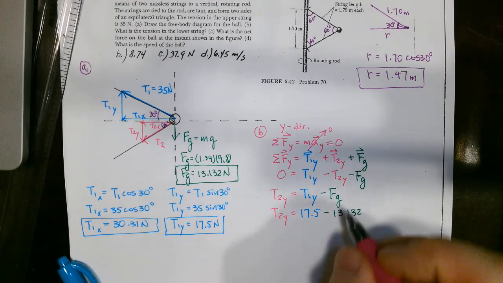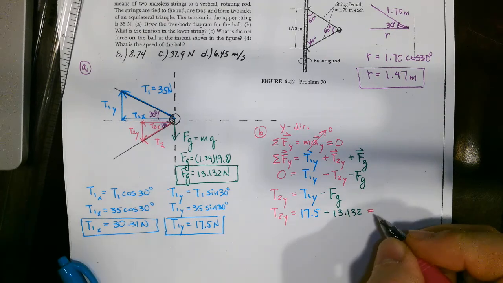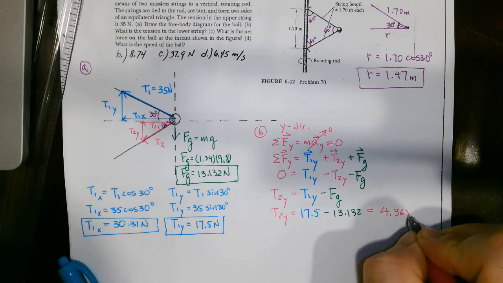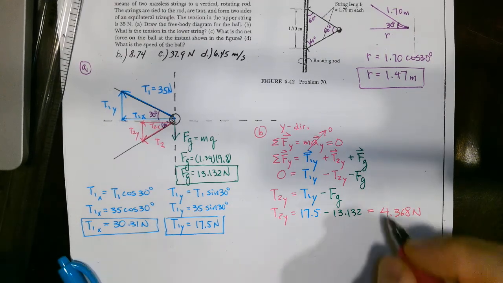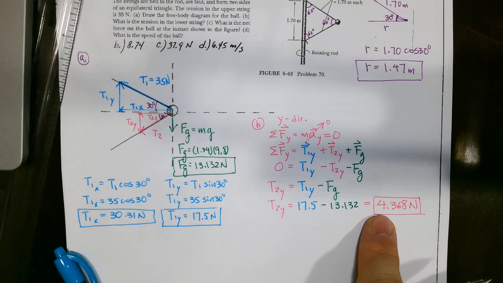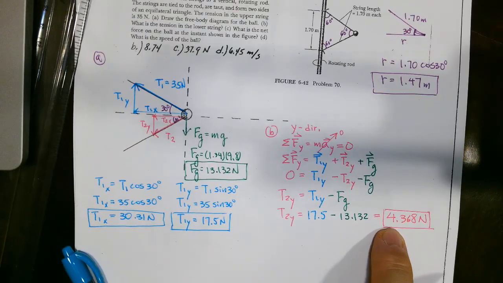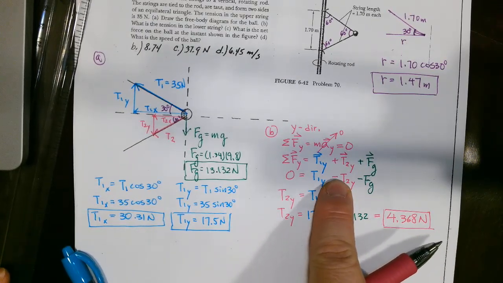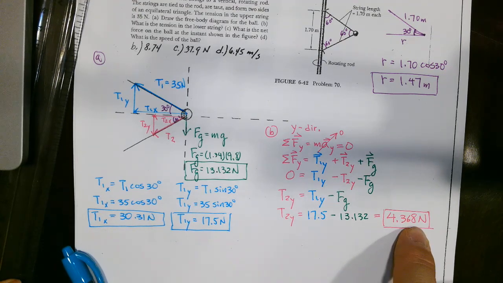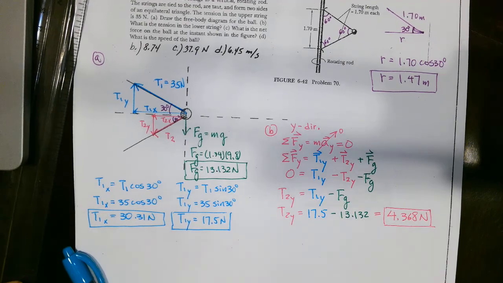So T2y comes out to 4.368 newtons. Now I know somebody's going to ask me, shouldn't that come out negative? The answer is, we already gave the sign negative here already, so we should get a positive value because we already gave the direction.